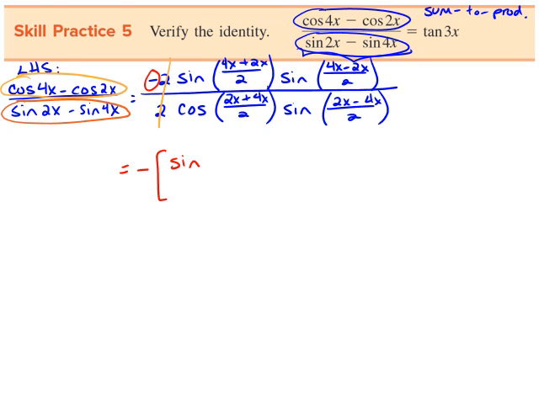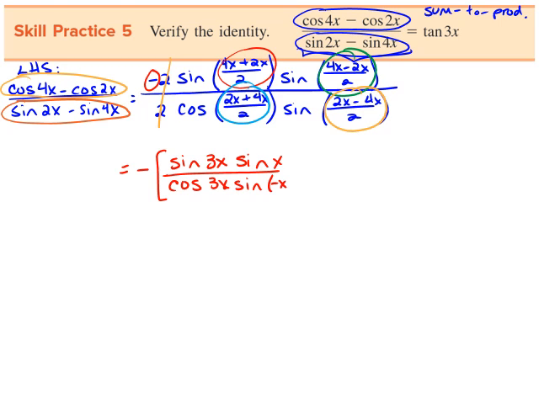So in the numerator, all of this becomes 6x divided by 2, which reduces to 3x, times sine of this becomes 2x divided by 2, which is x, all over cosine of this is 6x divided by 2, which is also 3x. And this is a negative 2x divided by 2, so I'll have sine of negative x.